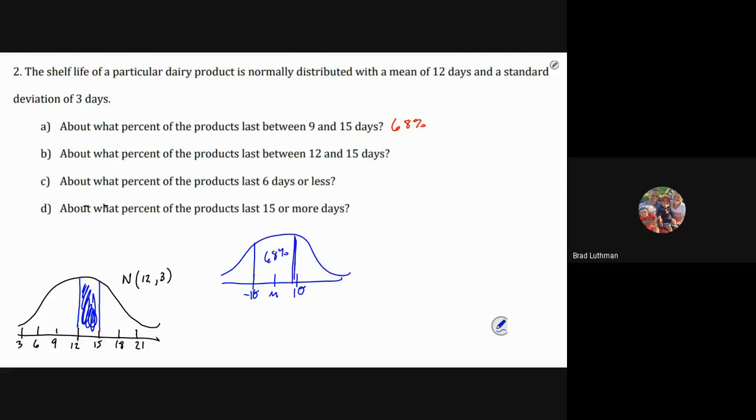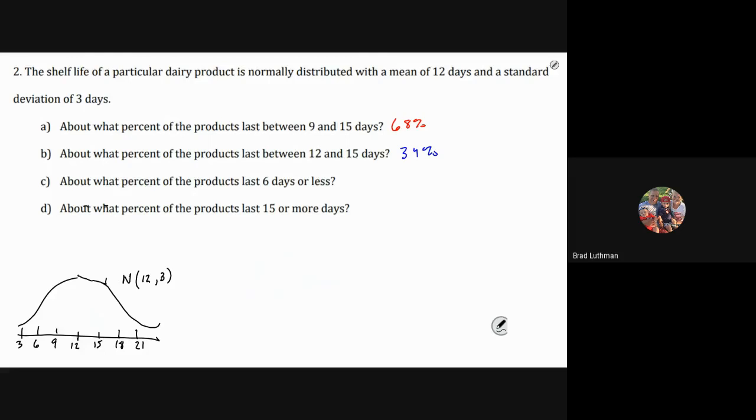Well, if you look over there at the area, what I've done is cut that area in half. So what I can do is go 68 divided by 2 and get 34%. So this is 34%. See how talented I am with the eraser again. Oh, not as talented that time.